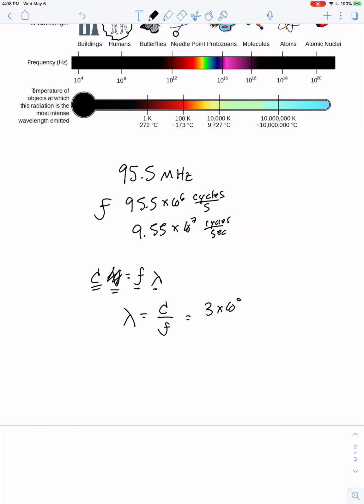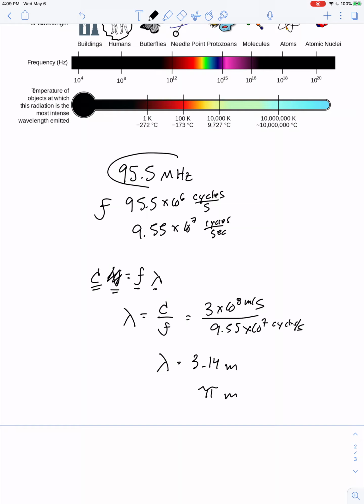So if you divide 3 times 10 to the 8th meters per second by 9.55 times 10 to the 7th cycles per second, then you get a certain number of meters per cycle, which is the wavelength. And in this case, it comes out, total coincidence, to be 3.14 meters, or in other words, pi meters.